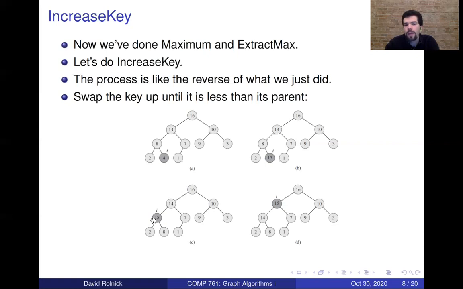Now, why can't we potentially end up with an issue if we move the 14 here? Why couldn't the 14 have been greater than one of these? Because we're swapping the 14 and the 15, why couldn't 14 have led to a contradiction?